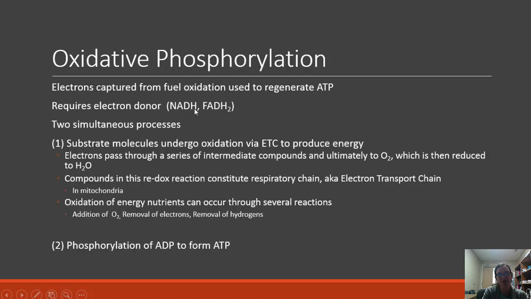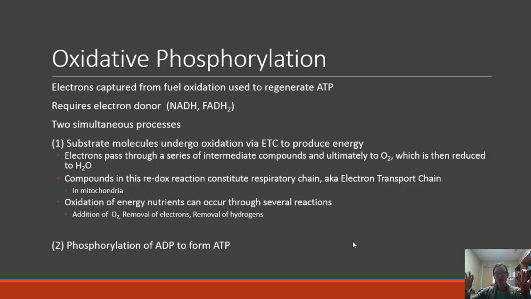So in order to reduce something, we can either take away an oxygen, add electrons, or add hydrogens onto it, and oxidation is the opposite. When you have two molecules in a redox reaction, one is going to be oxidized and one is going to be reduced. If I'm passing hydrogens from one molecule to another, the first molecule is oxidized, the second is reduced.